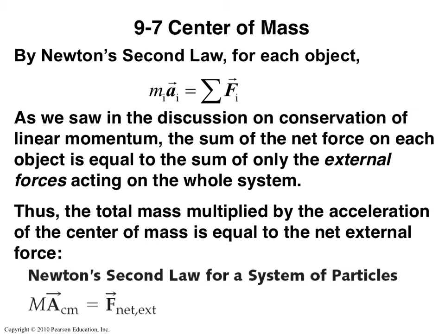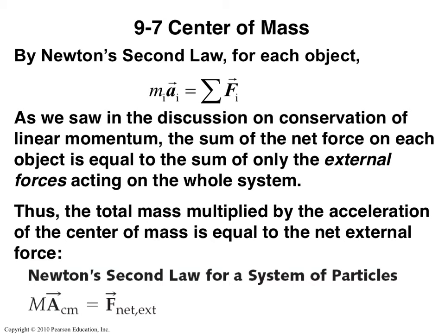What external force is that? You have a baseball bat here. What external force is acting on the baseball bat? Gravity is always there. And what this tells you is, if I add up all the forces on all the atoms, the only thing that matters is the net gravitational force acting on the object.